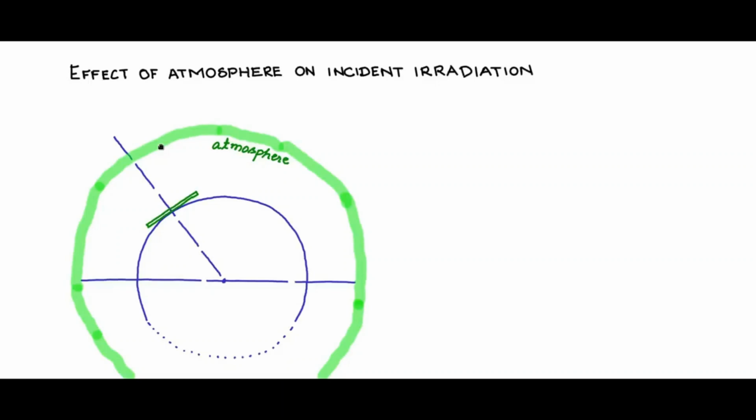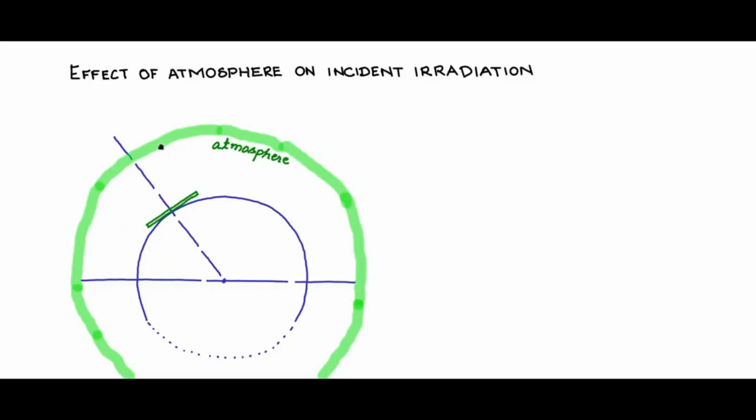What we are going to see is the change in incident energy beyond this green line and within this green line. You can consider this green line as ozone layer. We know that the ozone layer absorbs some radiation from sun energy, and that stops UV radiation from falling on earth.